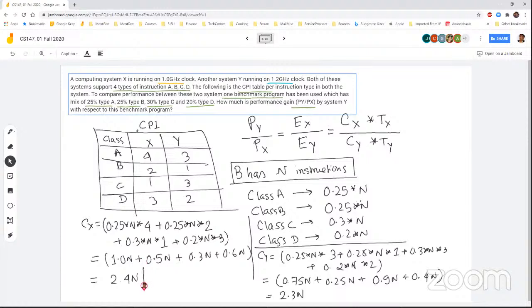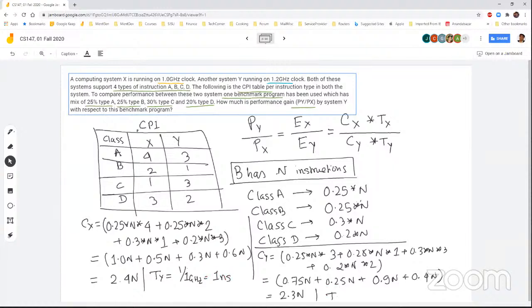Now what we need to do is compute the TX, which is given as 1 gigahertz. So it will be 1 by 1 gigahertz, which is 1 nanosecond.